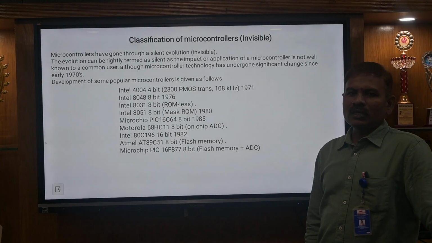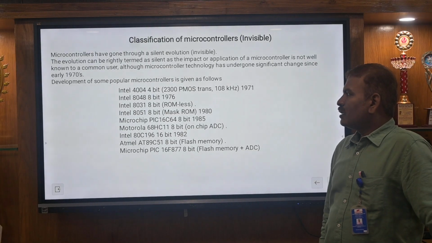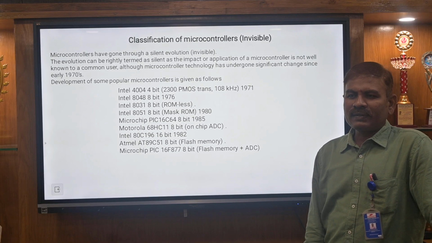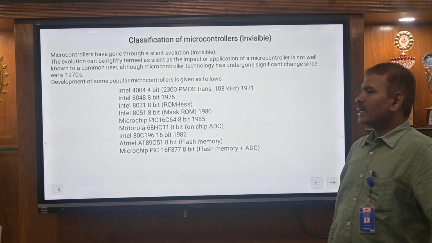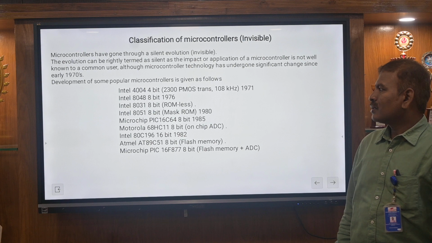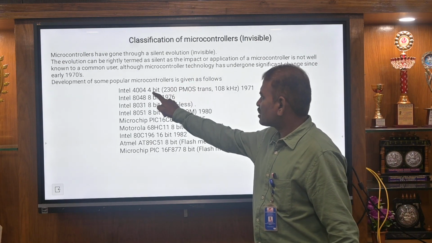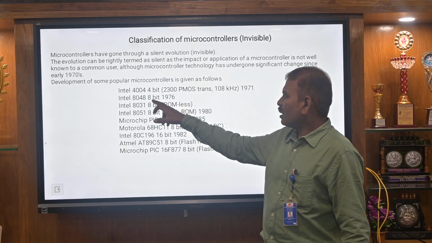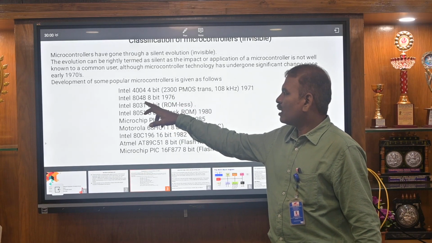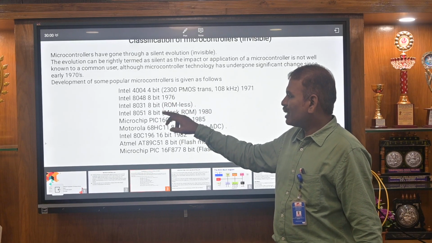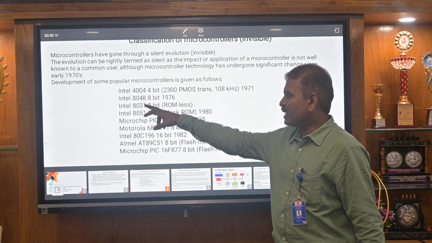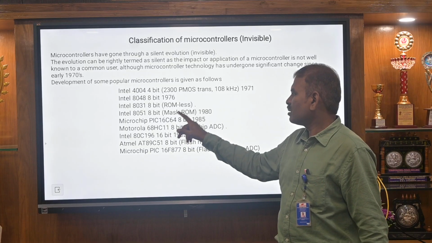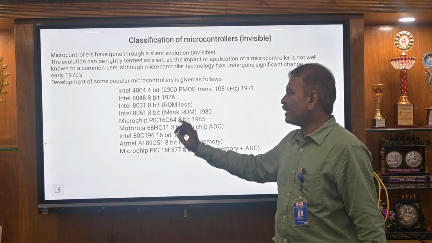Classification of microcontrollers: earlier, various versions were available. In the 1970s the Intel 4004 was introduced, the first 4-bit. After that it transformed to 8-bit, and then ROM-less 8-bit, that is 8048, 8031, and the 8051 8-bit with masked ROM introduced in 1980.